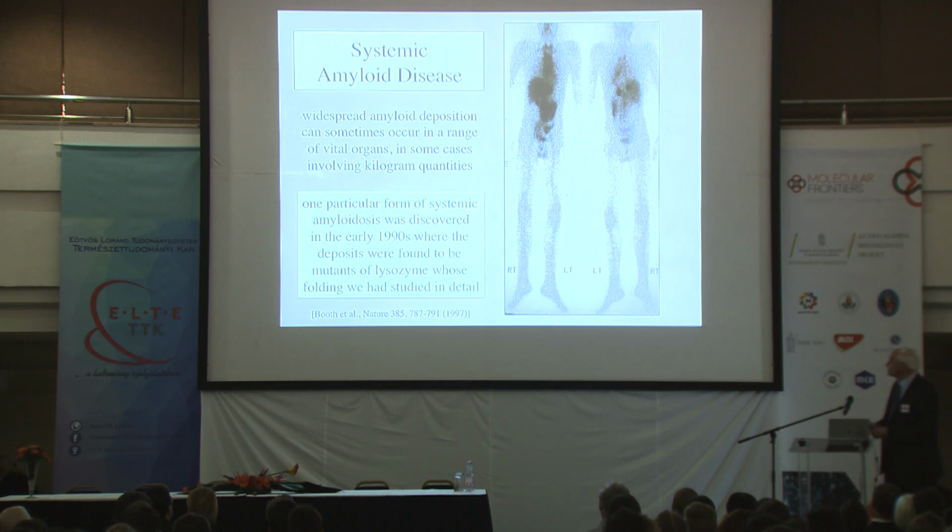There are other diseases. Here's a systemic disease where these deposits can occur in the liver, kidney, spleen, and so forth. Again, sometimes in huge quantities, kilogram quantities in this case, and these are fatal diseases. Normally the organs rupture from the load of aggregated protein.